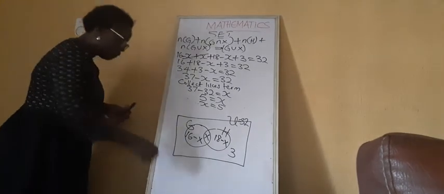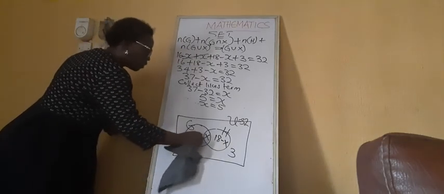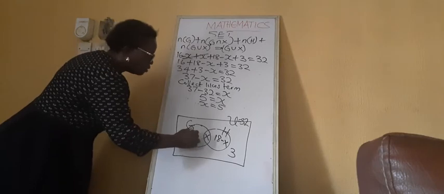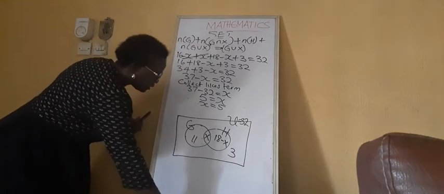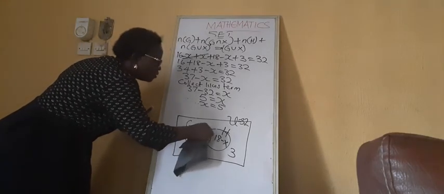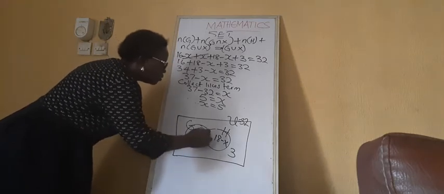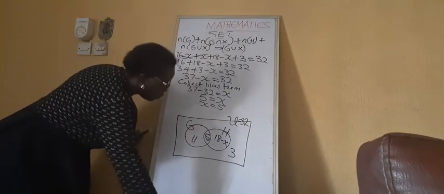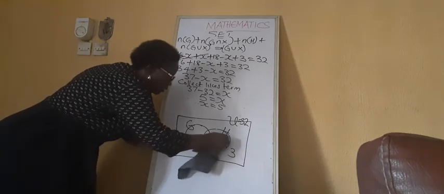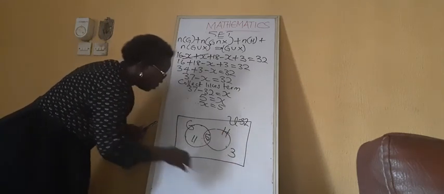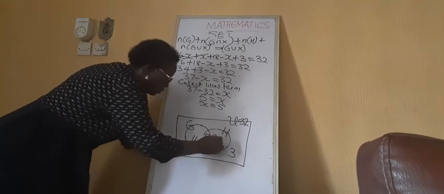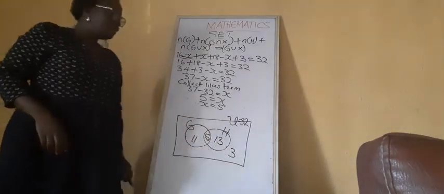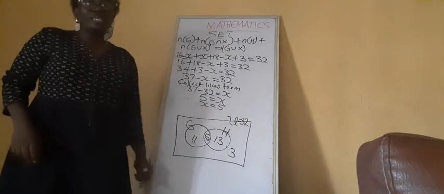They give us 11. This one will turn to 11. Don't forget that our X is 5 here. So 18 minus 5 will turn to 13. So if you add everything together plus the one outside, it will be equal to the universal set.